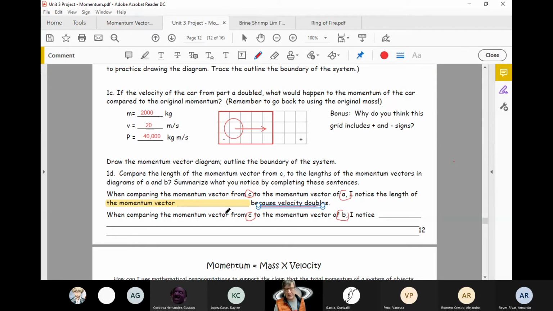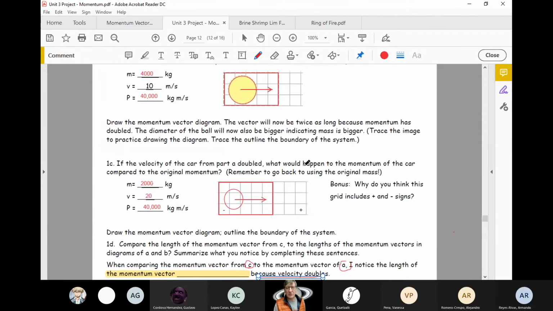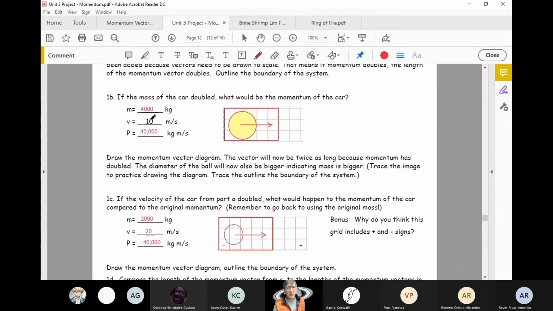When comparing the momentum vector from C to the momentum vector of B, I noticed, how did these two compare? And then tell me why. In this case, it's going to be a little more complex because there were two things that were different between B and C. Even though the momentum ended up the same, both the mass and the velocity were different.